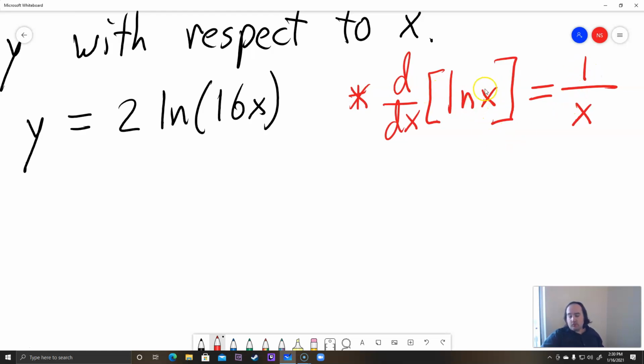And then, of course, if what's inside the logarithm is more complicated than just x, you're also going to have to use the chain rule. So, for example, the derivative of ln of u would be 1 over u times u prime. Like here, remember when you have a derivative and you have a constant, the constant basically just stays there, and you just take the derivative of the function.